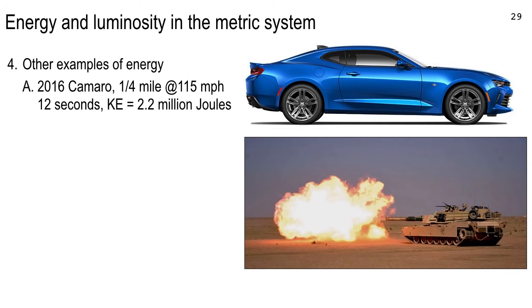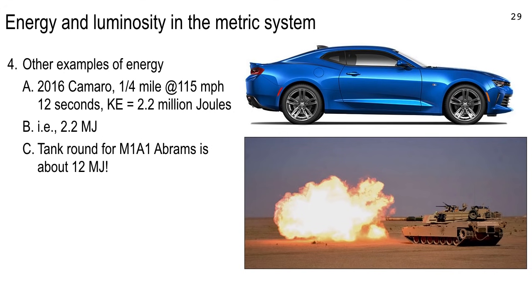Now some other examples of energy. Let's say you have a Bumblebee Camaro, a quarter mile, 115 miles an hour, 12 seconds. The kinetic energy is 2.2 million joules, so you would write that down, 2.2 megajoules. A tank round from an M1A1 Abrams is about 12 megajoules.